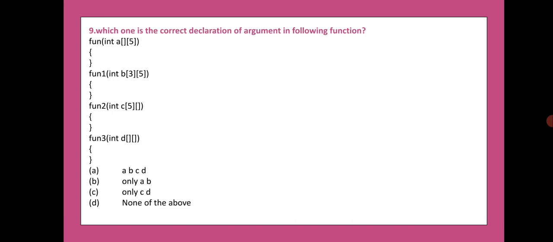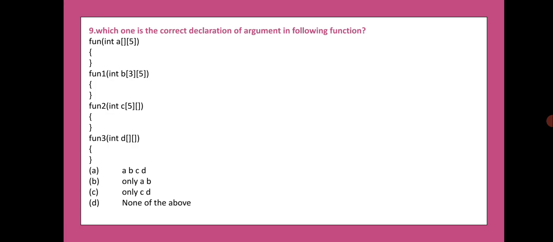So we have a multi-dimensional array which is passed into the three functions fun1, fun2, fun3 which we are noticing here. But only the first dimension may be missing. That is the rule which we discussed in our pointer session.